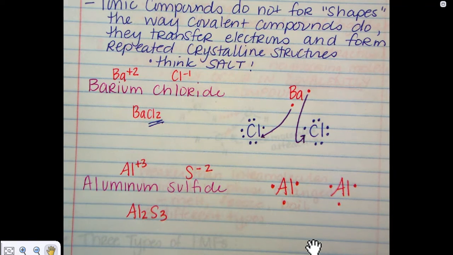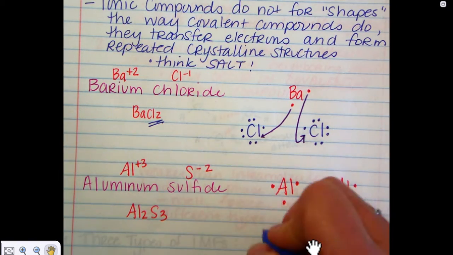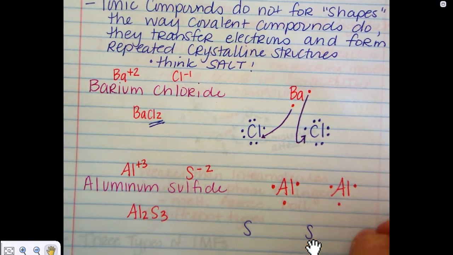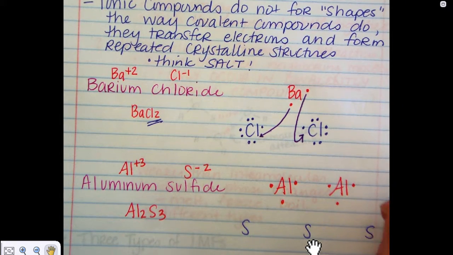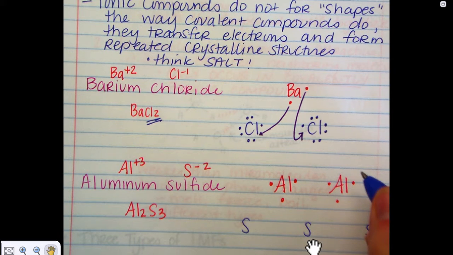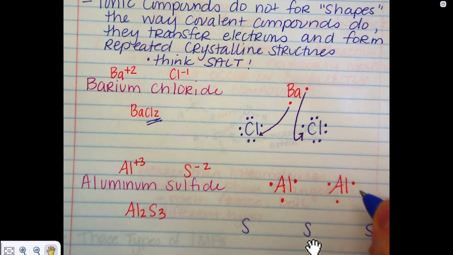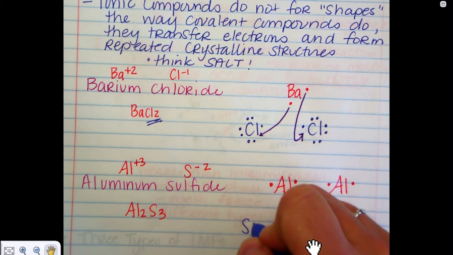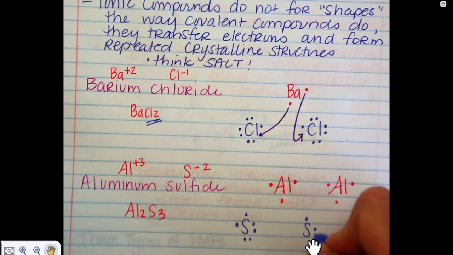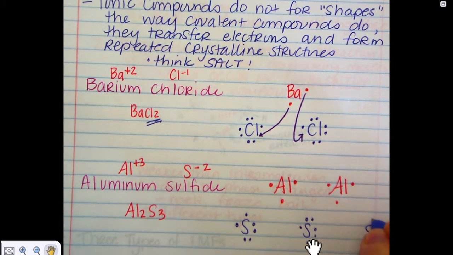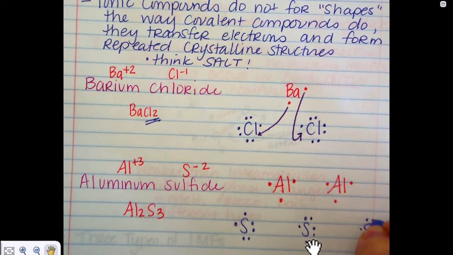Then I'm going to draw 3 sulfurs. 1, 2, 3. Sulfur's in the 6A column. So each sulfur is going to get how many dots? 6. 1, 2, 3, 4, 5, 6.